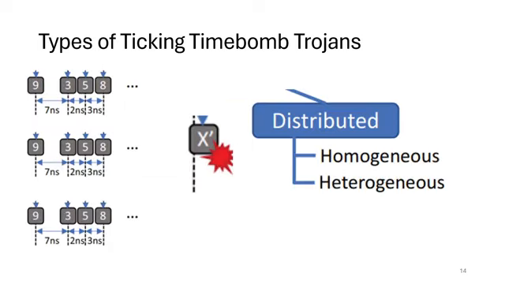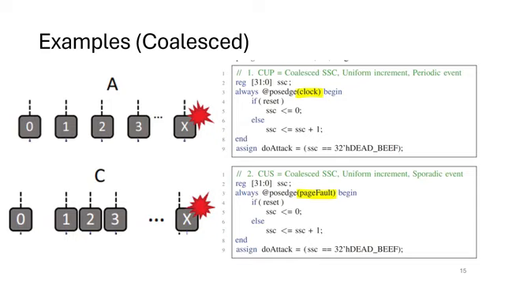Distributed ones are just multiple coalesced Trojans together, but they all have to activate at the same time in order for the event, the payload, to be delivered. The three of those, when they activate together, would activate the event. When they activate individually, they don't, which makes them harder to detect as suspicious.